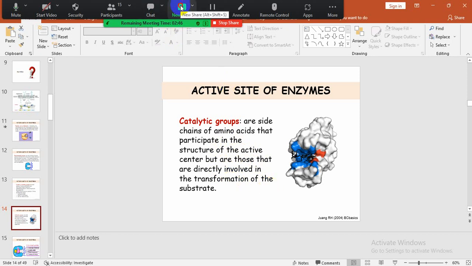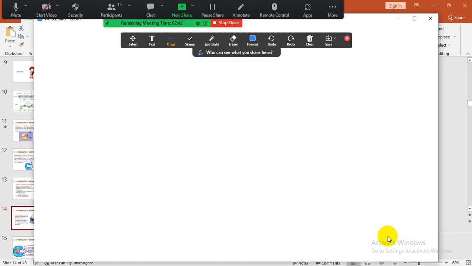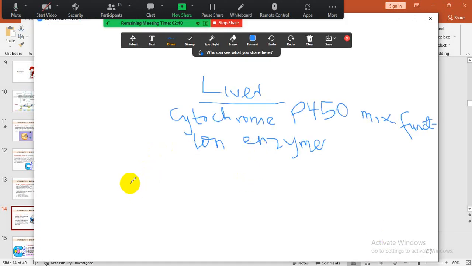So let me share a whiteboard. So if you have a whiteboard, let's look at this. This is an enzyme. And this is a substrate. So let's see, this beautiful object is a substrate. Let me sketch it well.